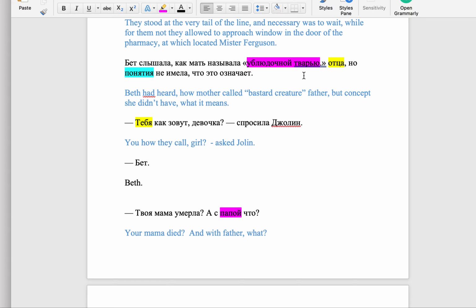But what I wanted to point out here is that it's in purple because when you call something in Russian, then very often it's turned into the instrumental case. So when you consider something to be something, or you call something as something, or when something seems like something, hopefully I'm getting my point across, then you put it into the instrumental case because you're talking about it being something.